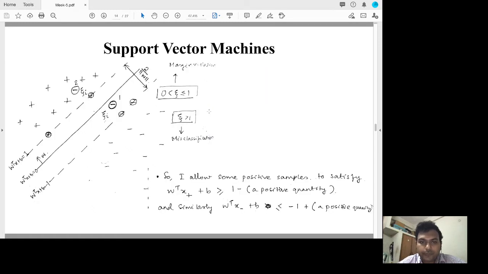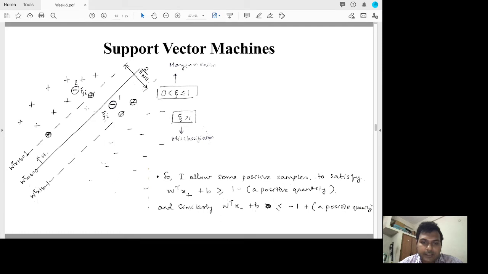Okay, so what you do is I allow some positive samples to satisfy W transpose X plus B greater than 1. This was my original formulation, but I allow some positive samples to satisfy W transpose X plus B greater than 1 minus some positive quantity. What does this mean in this diagram?